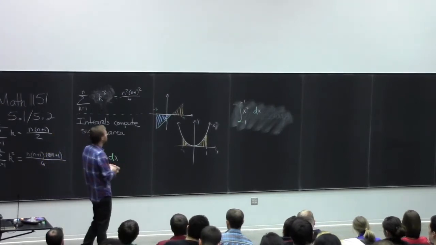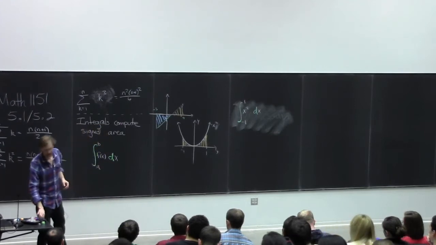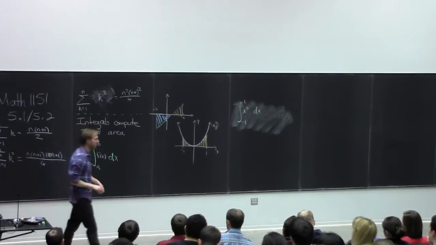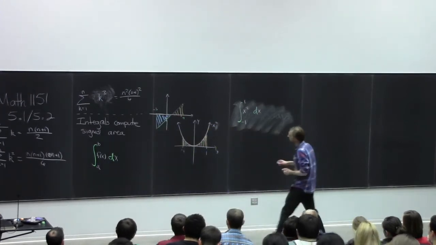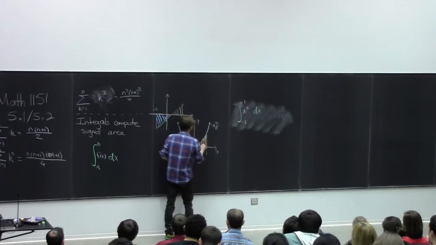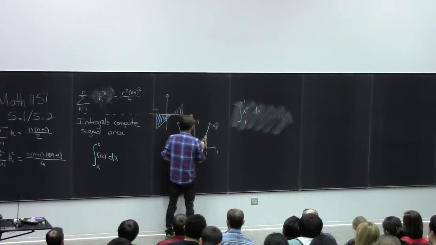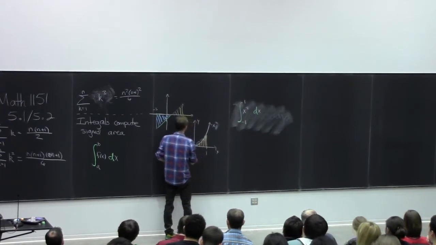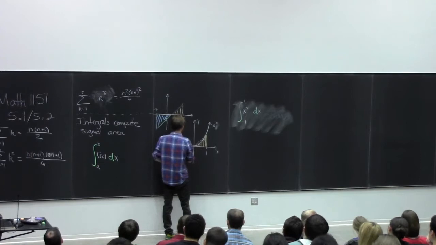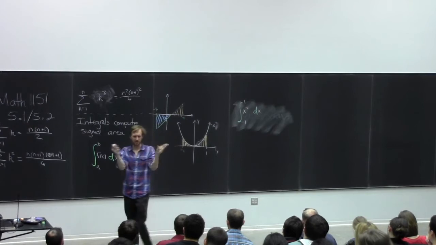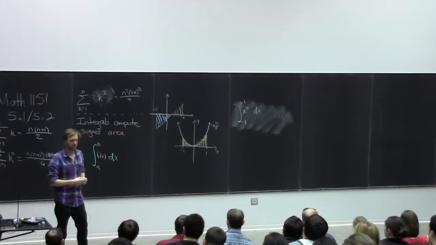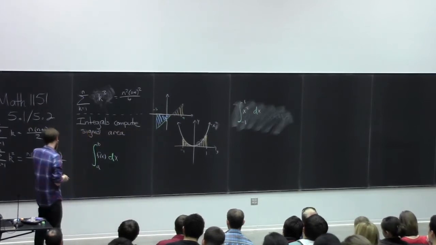But then somebody said, well, what if we made little rectangles? And of course, for those who already know the end of the story, that's what we end up doing. We make little rectangles and add them together. Then we make the rectangles thinner and thinner and thinner. That's the strategy here.